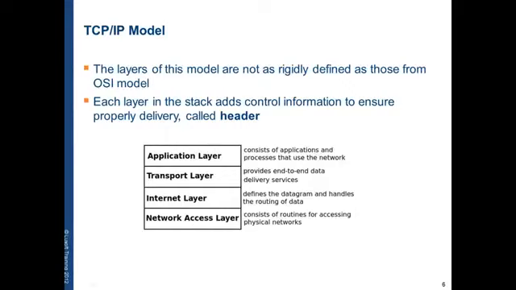We will start again from the lowest layer, which is the network access layer, also called the link layer, and assures the transfer of packets between the interfaces of 2 hosts that are on the same link.